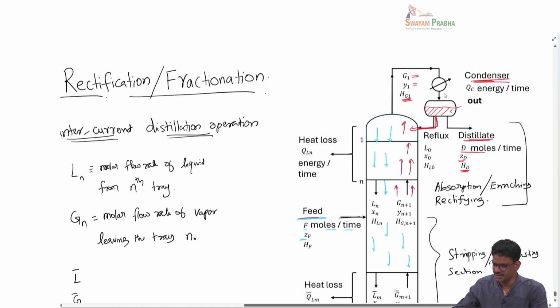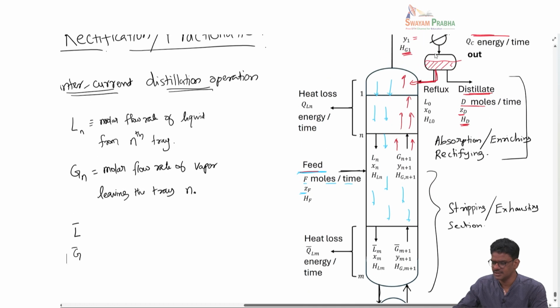So now let's introduce some terminology. If you look at this condenser operation, the vapor coming out of the top of the column is condensed in the condenser, and some part of this liquid is sent as reflux back to the column to enable this operation, and the remaining is taken out as distillate, which is basically the product that we want.